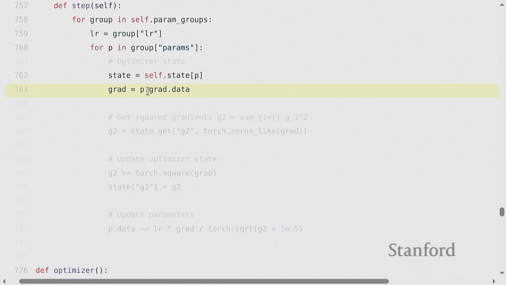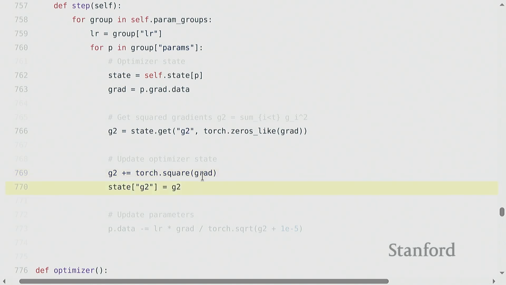The gradient of that parameter you assume is already calculated by the backward pass. Now in Adagrad, you're storing the sum of the gradient squareds. So you can get that G2 variable, and update it based on the square of the gradient. This is an element-wise squaring of the gradient, and you put it back into the state.